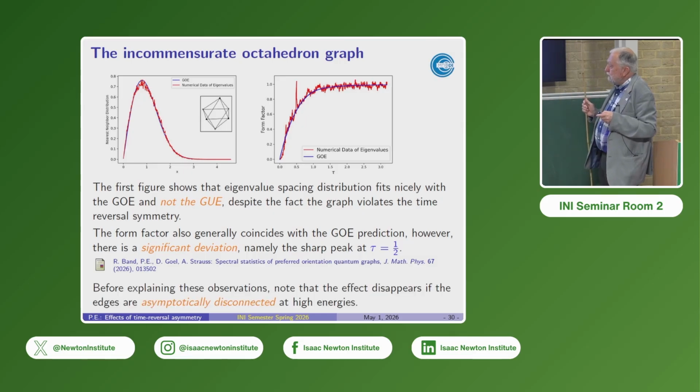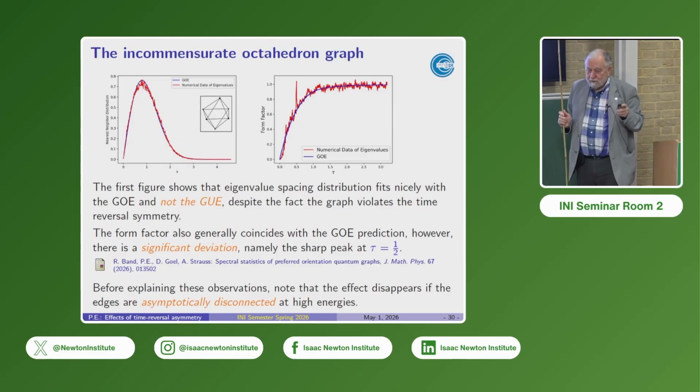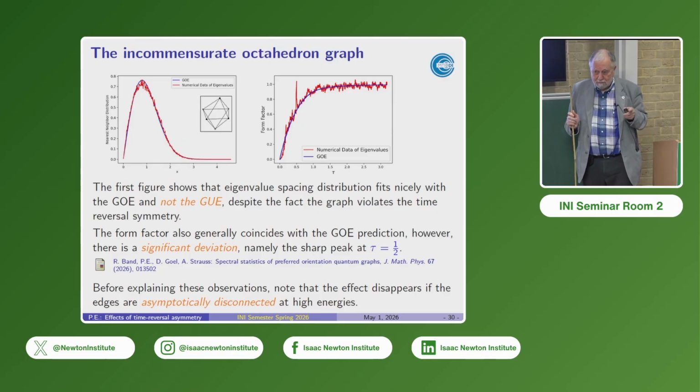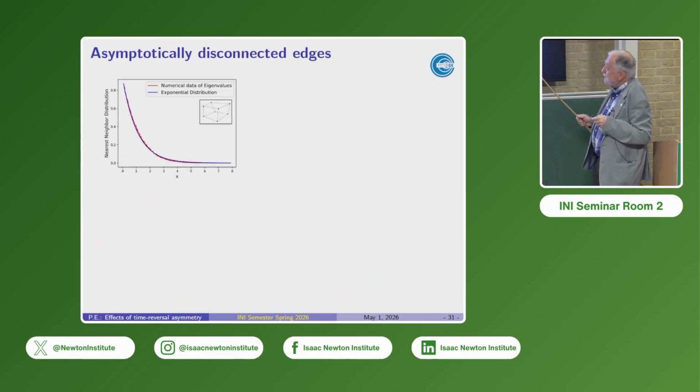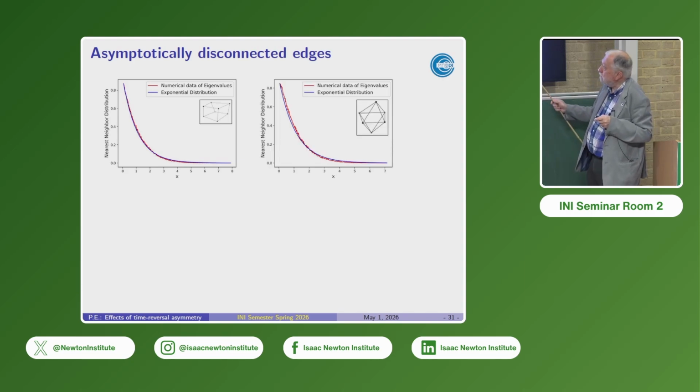So before coming to that, let me show that the effect is subtle. I will change slightly the graph or the coupling. Here, instead of an octahedron, I take a cube, again an incommensurate cube, and then I take an octahedron again.